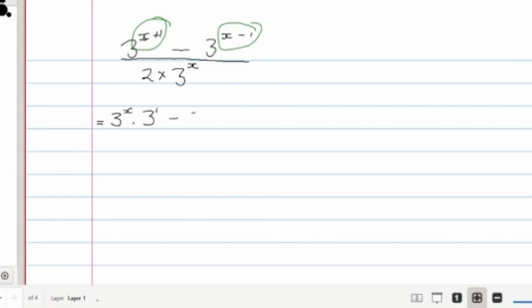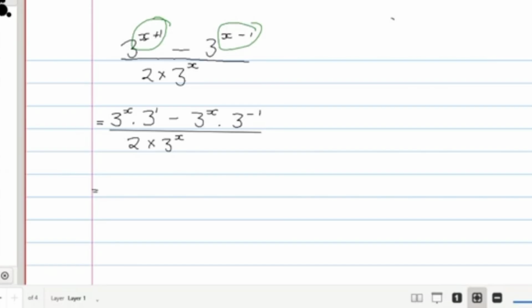That's how we separate our powers. So it's 3 to the power x times 3 to the power minus 1, divided by 2. You write the denominator the same because it's already separated. It's 2 times 3 to the power x.